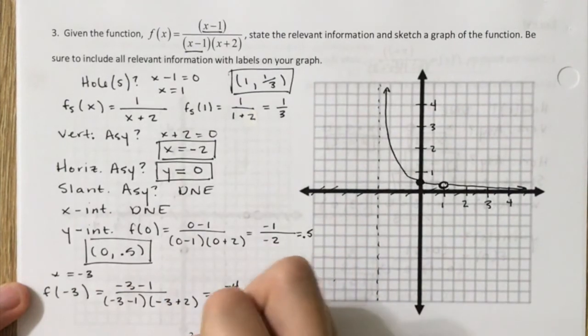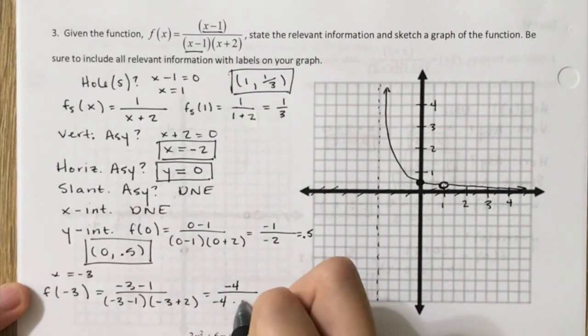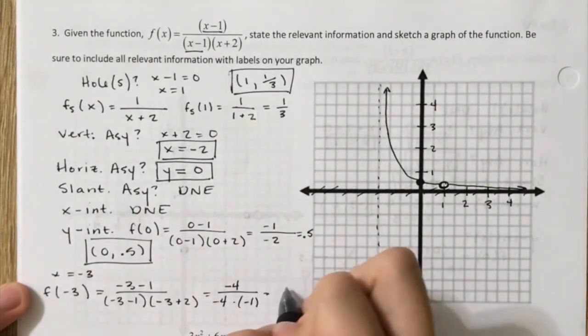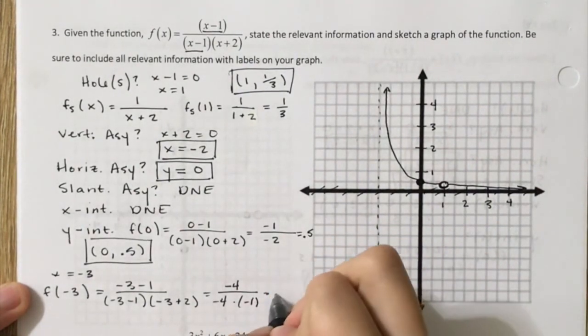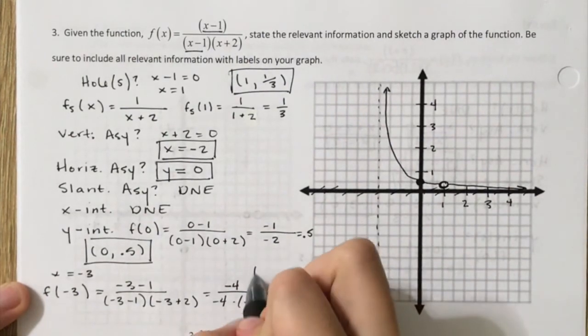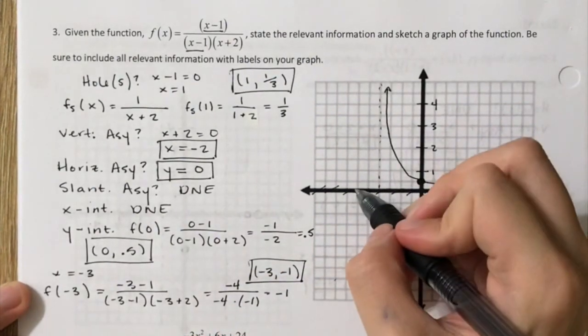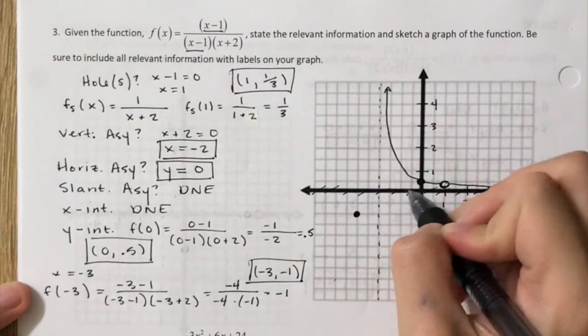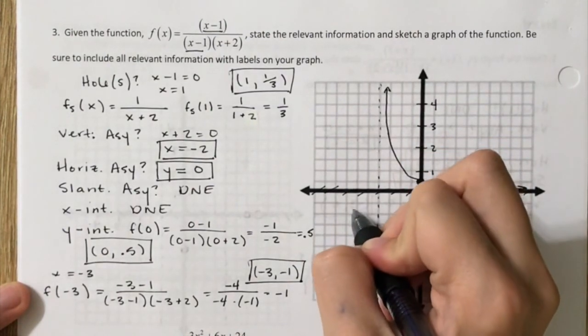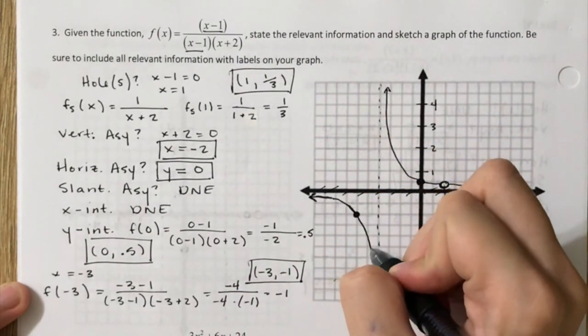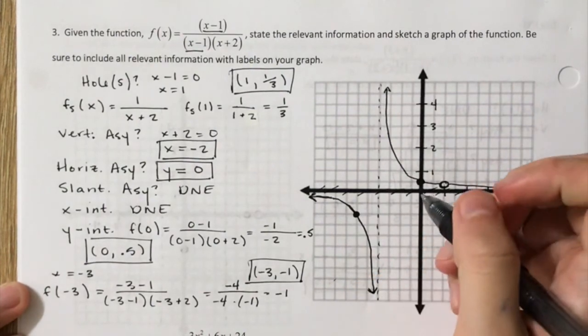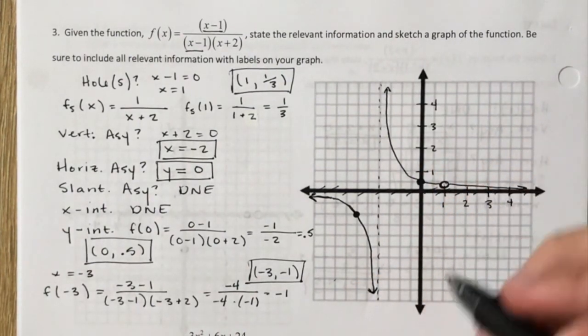That gives me -4 over -4 times -1. -4 over -4 is going to cancel, and then we divide by -1, so we have -1. This means we have the point -3, -1 on the graph. So -3, -1 is right here. Since this point is underneath, I know that my graph is going to look like this because I have to approach that horizontal asymptote and this vertical asymptote as well.